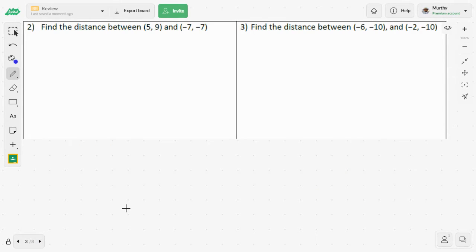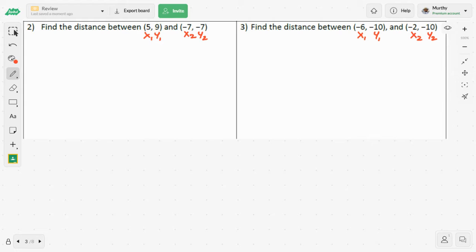Find the distance between 5, 9 and -7, -7. Once again, I'm reminding you that if there are negative values, you have to be extra cautious. And it is a best practice to label the given points like x1, y1, x2, y2. Even in the next question I'm marking x1, y1, x2, y2.